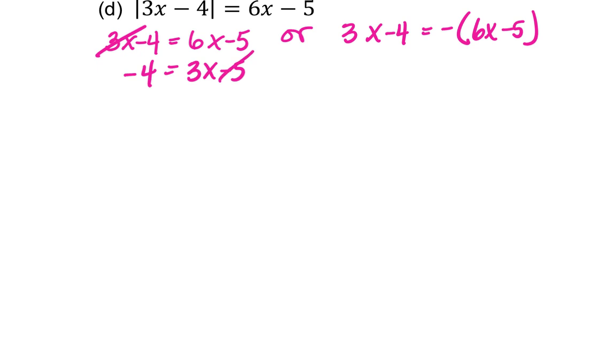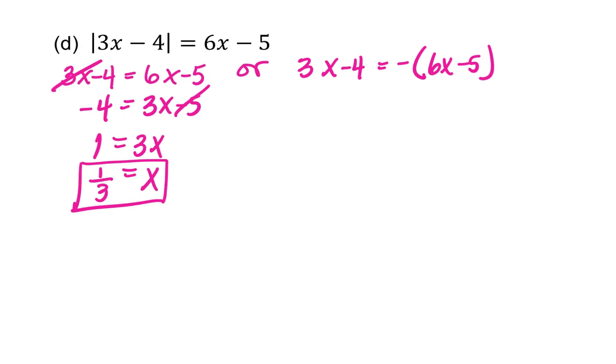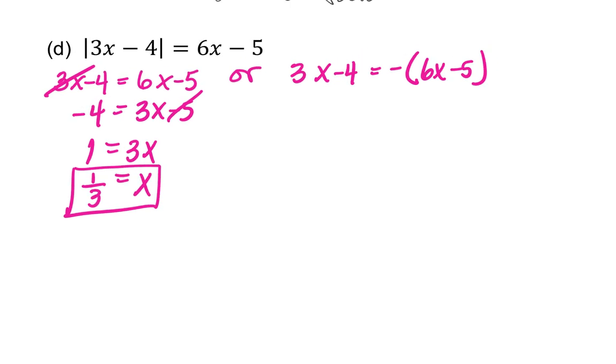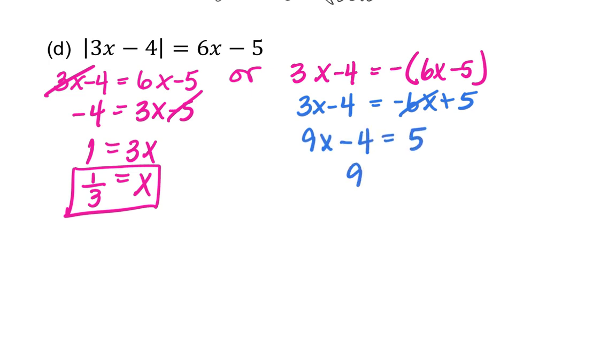So if I add 5, I get 1 equals 3x. Divide by 3, x is 1/3. And then the negative side, 3x minus 4 equals negative 6x plus 5. If I add the 6x, I get 9x. If I add the 4, I get 9. So x is 1.